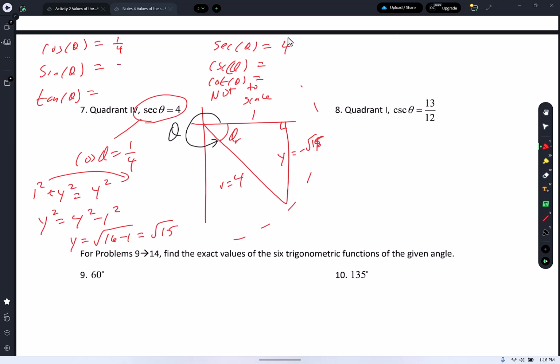Sine, negative square root of 15 over 4. Now 15 does not break down. 5 times 3, end of the breakdown. Tangent, opposite over adjacent, negative square root of 15 divided by 1, so I can just leave it as negative square root of 15. Cosecant is the reciprocal of sine. You can write this as 4 over negative square root of 15.